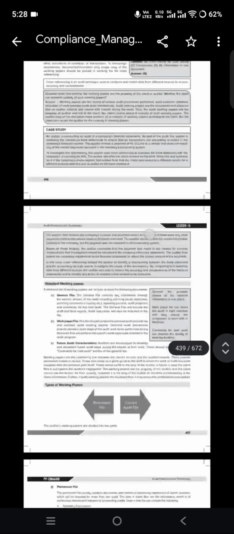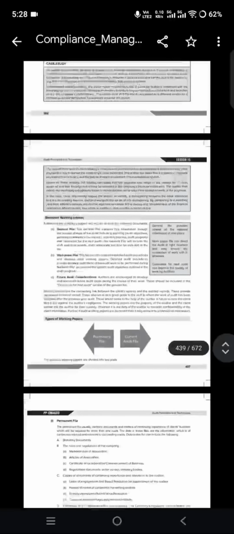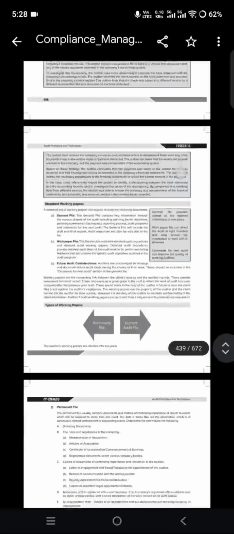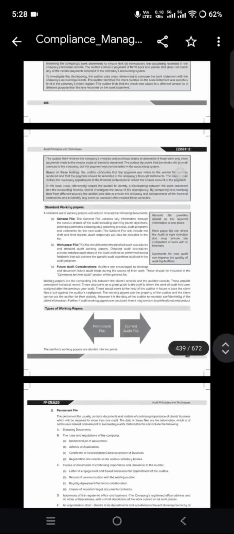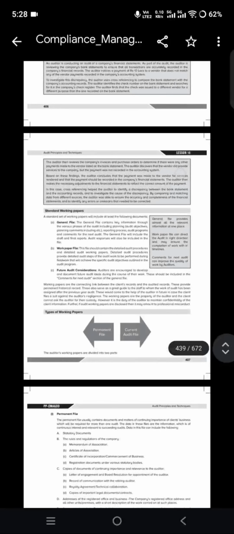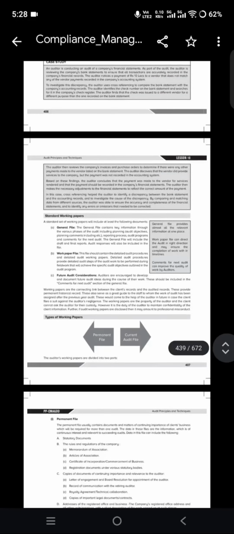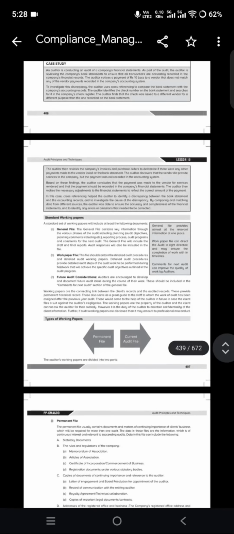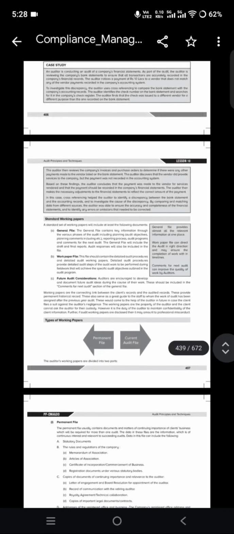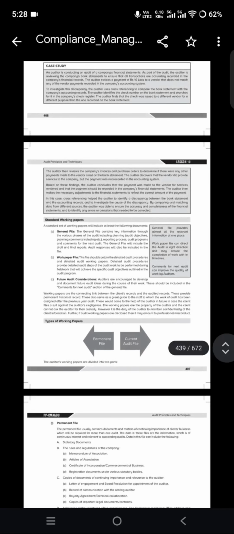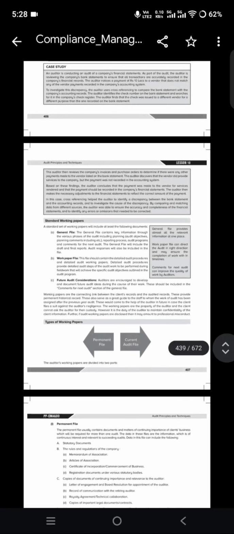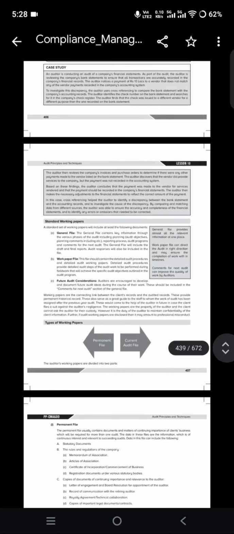Thus, the audit working papers are the property of the auditor and not of the client. So, in the intro we can add: working paper is a record, property and document and evidence of the auditor, which he will collect and retain with himself during the audit. No, the client cannot demand custody of such working papers.